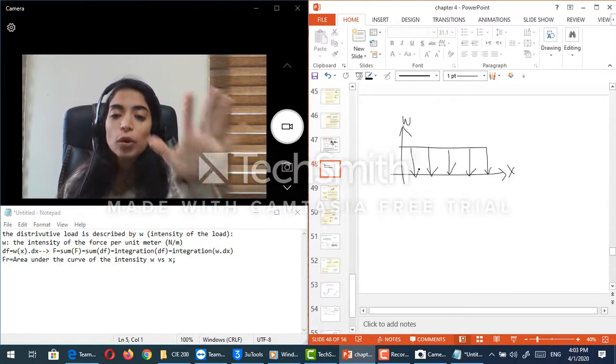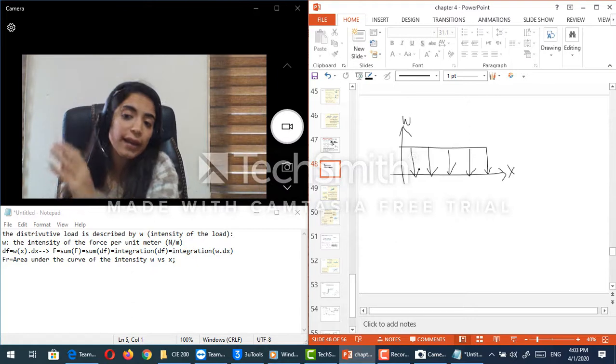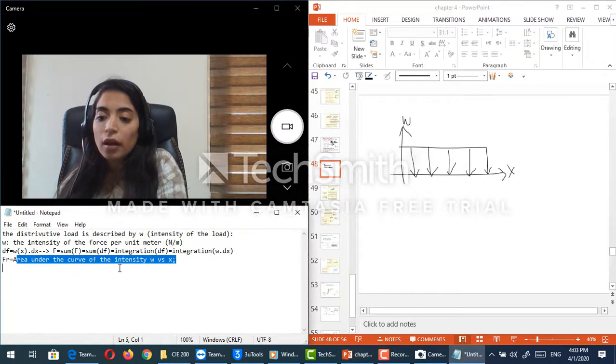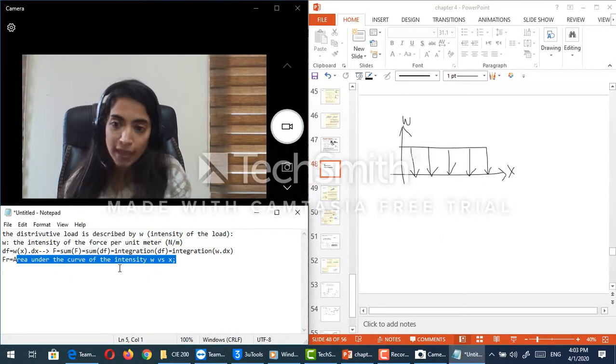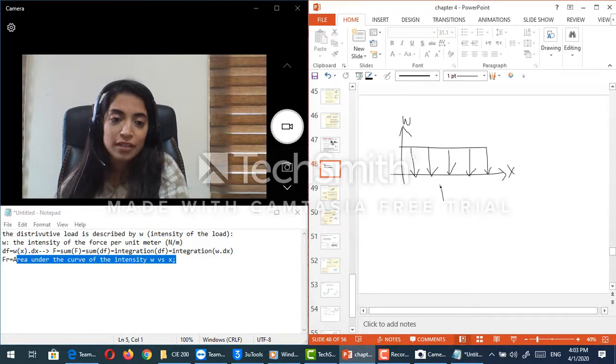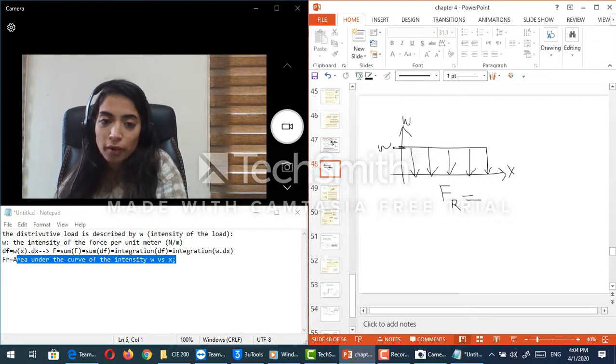And in this case, guys, if I need to find the force that is equivalent to this omega using the graphical method that states that F resultant is equal to the area under the curve of omega versus X, this means basically that F resultant here is equal to this omega, the uniformly distributed omega, because this is omega basically, okay?